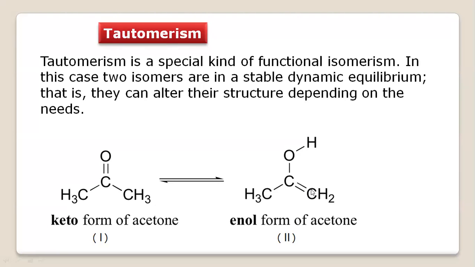Ene due to the presence of the double bond and ol due to the presence of the OH group. So this is the enol form of acetone. Now see, they differ in only the position of one atom. It is with the CH3 here, whereas in this it is with the H. So these two are called tautomers of each other. These two are in stable dynamic equilibrium and they change their structure depending upon their need.